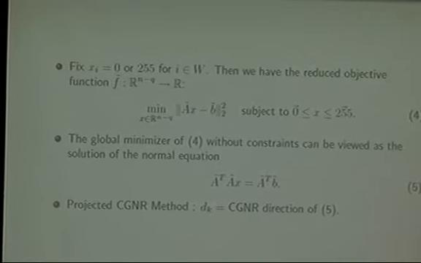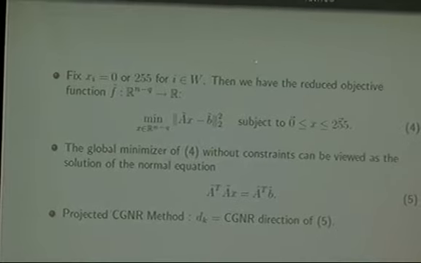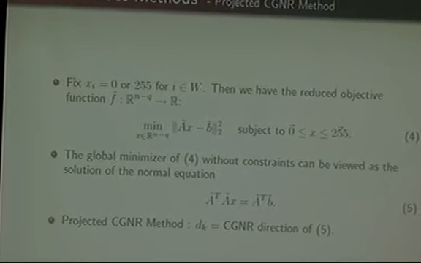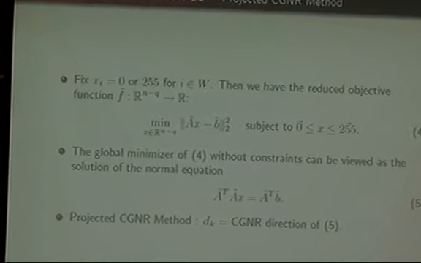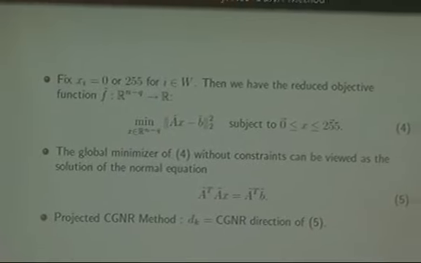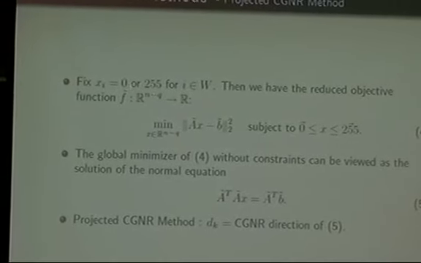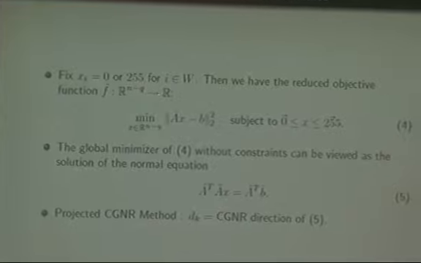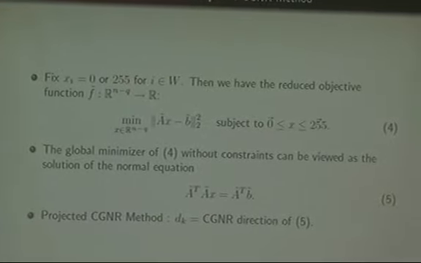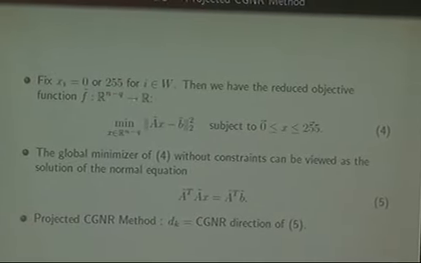Another is the projected CGNR method. In the working set, the working set means x_i is equal to 0 or 255. So we put that into the equations, and then we have a reduced system.